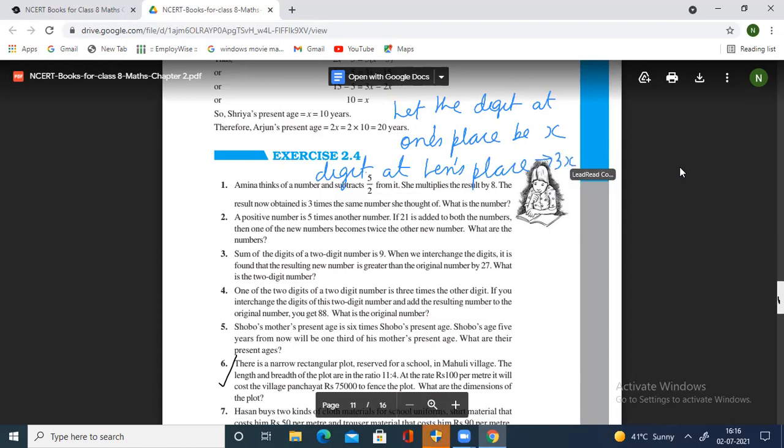If you interchange the digits of this 2 digit number and add the resulting number to the original number. So first we will be calculating the original number.